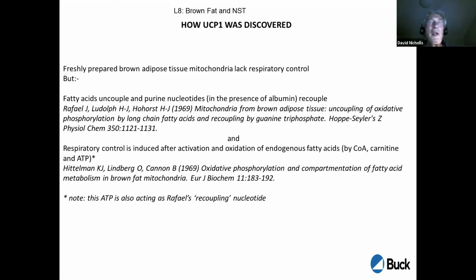So there appeared to be just fatty acid removal being essential here. It turned out that the ATP, which they were adding in order to get the fatty acids activated and oxidized, was having the same role as Raphael's recoupling nucleotide. So by the early 1970s, fatty acid removal and a curious nucleotide addition were necessary in order to show respiratory control.